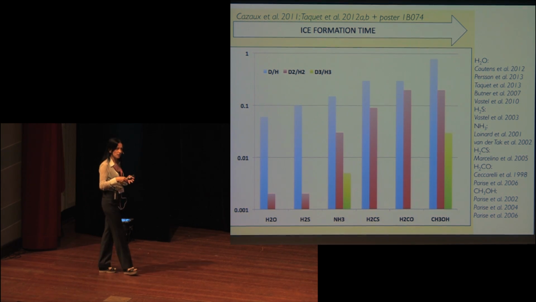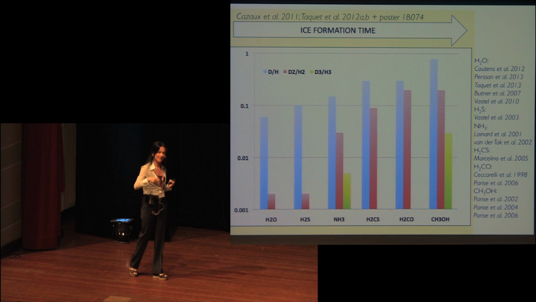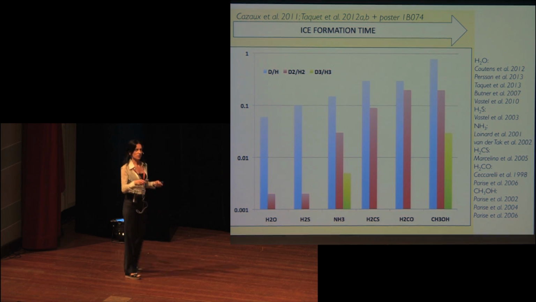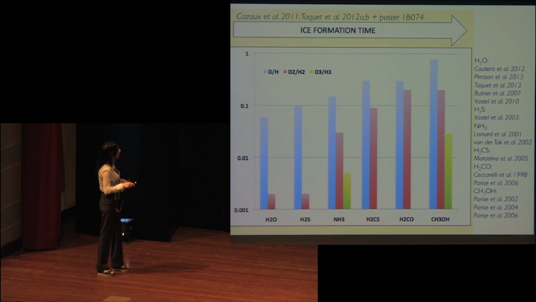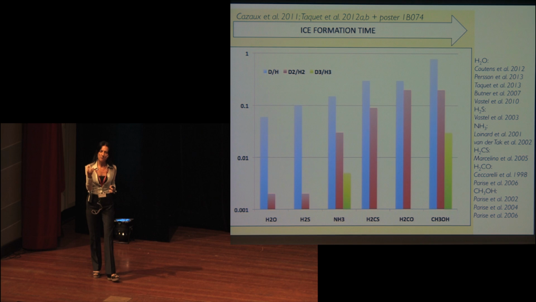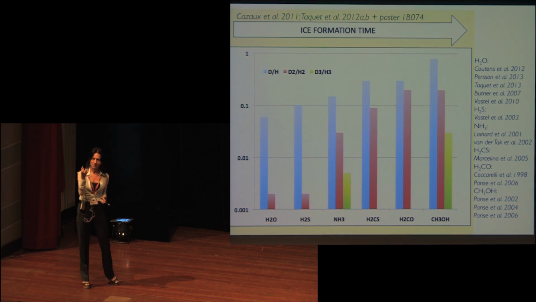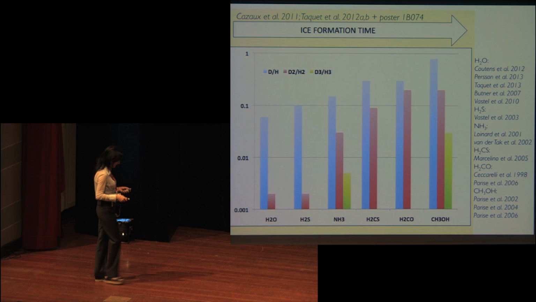You form first HCO, then formaldehyde, and then you go up as much as you can, to methanol. So these stages happen in this depletion zone, in the deuteration zone, where the D over H becomes really significant.